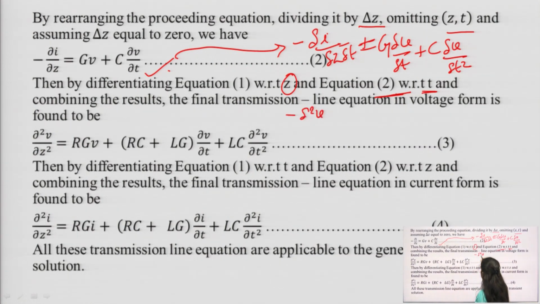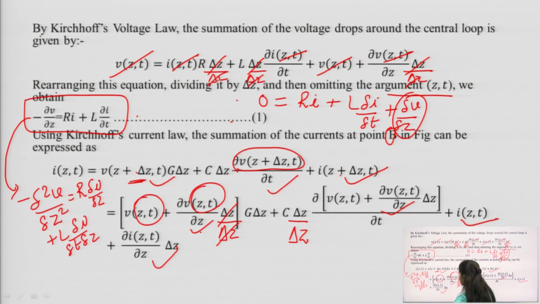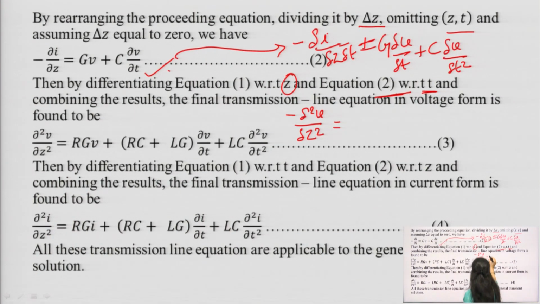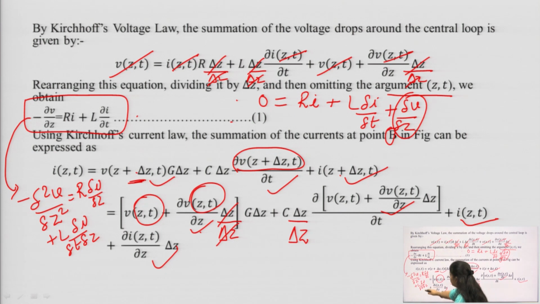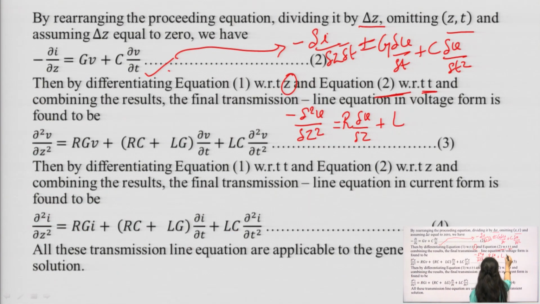Minus del square V by del z square should be equal to R del V upon del z plus L del V upon del t del z.